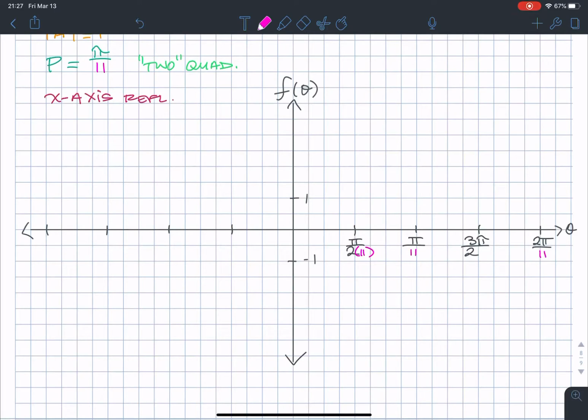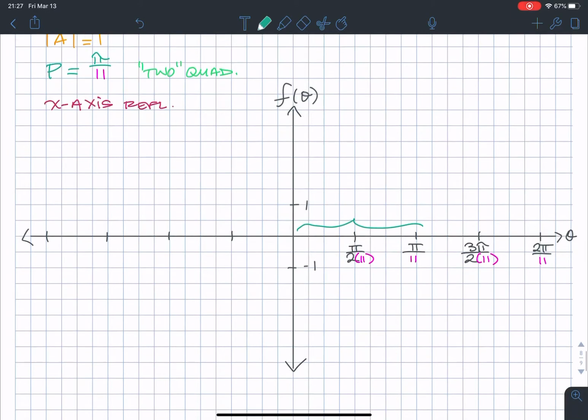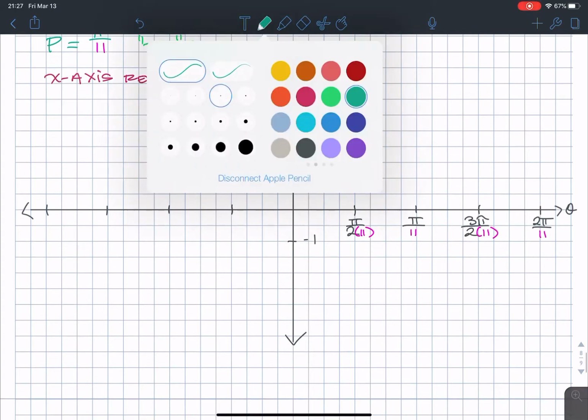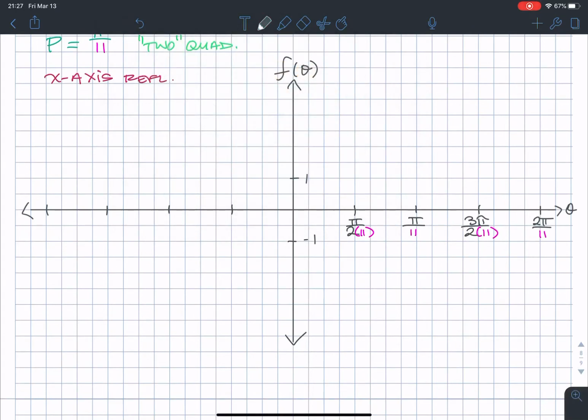And look, it is true that the length of 2 tick marks or quadrants now becomes pi over 11, as it should. So going backwards, these will correspond to minus pi over 22, negative pi over 11, negative 3 pi over 22, and last but not least, negative 2 pi over 11.